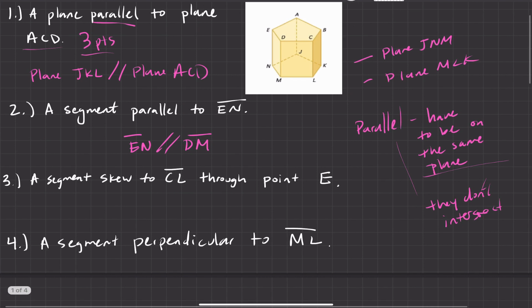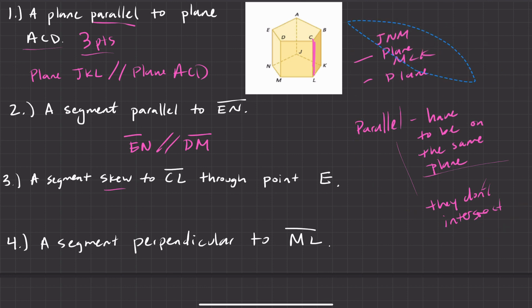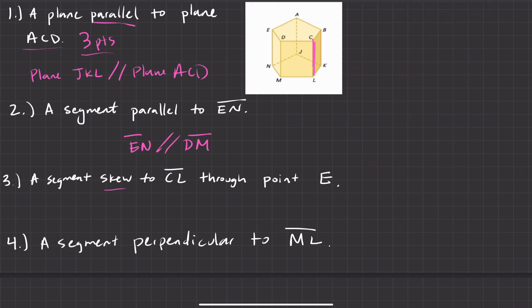A segment skew to segment CL. So CL is right here. And remember, with skew lines, or segments in this case, skew means lines that don't intersect and are on different planes, okay?